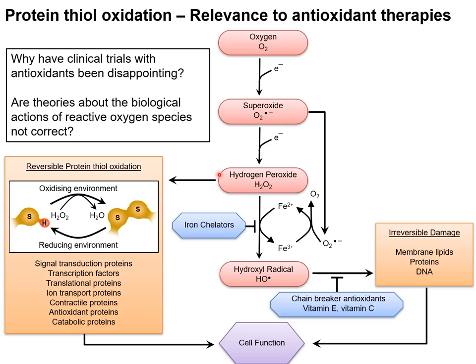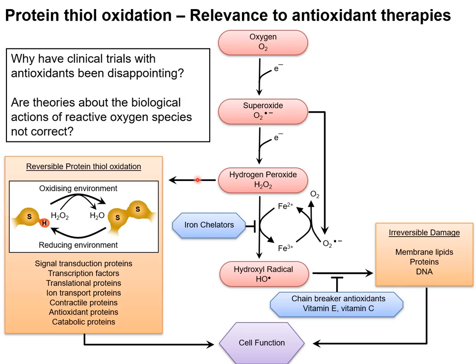Perhaps what's happening is that hydrogen peroxide is affecting proteins through thiol oxidation. And it's those proteins that, when they become oxidized, then cause cell dysfunction or even cell death. The problem is, if we look at the antioxidants that have been used in clinical trials, they're all tackling this hydroxyl pathway.